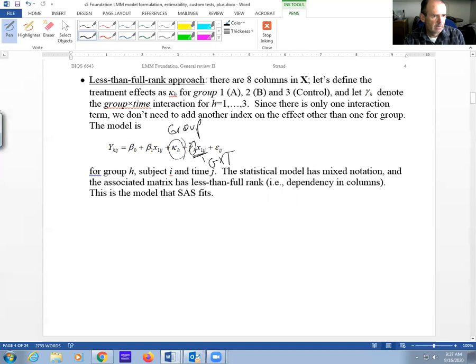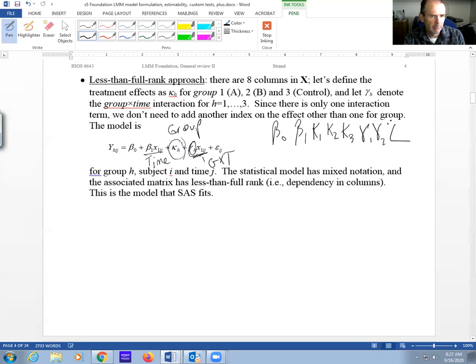So the gamma h times x1, that's the continuous x, and then this here is for time. So in this model, we have beta naught, we have beta 1, h could go from 1 to 3. So we have kappa 1, kappa 2, kappa 3, and then we have our interaction coefficients, gamma 1, gamma 2, gamma 3.